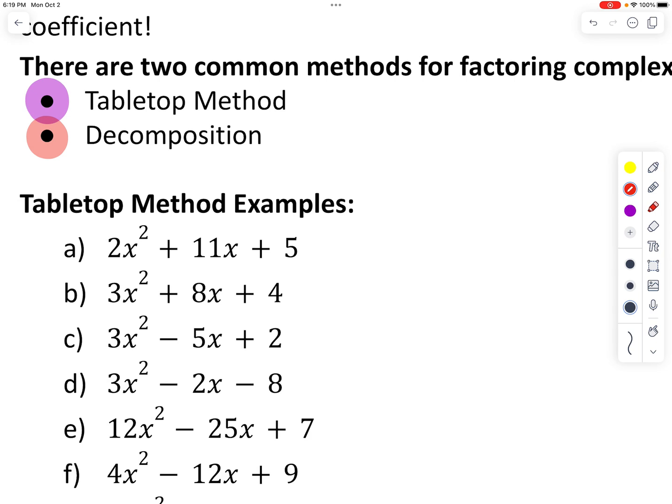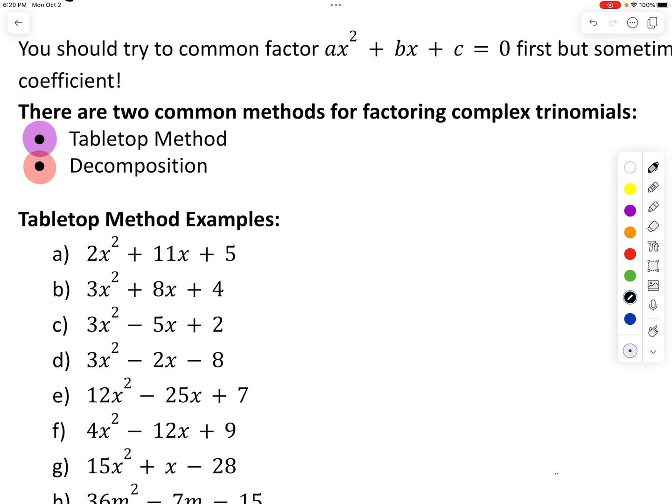There's a couple other methods, but these are the 2 that are used most frequently. So I'm going to solve each of these below using both of those. Tabletop is my preference, but depending on how you learn, you might prefer decomposition.